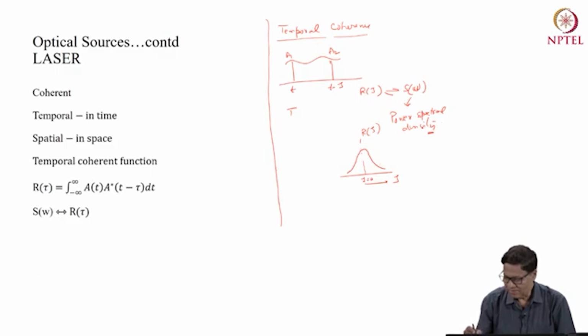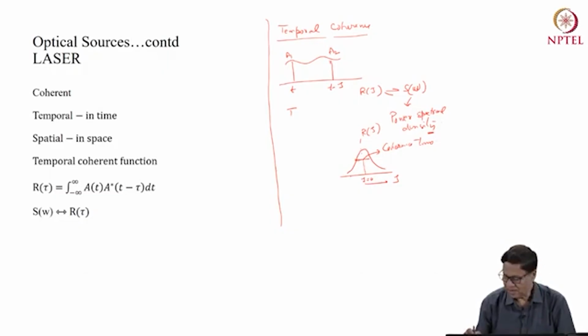If you get a curve like this, then this is called the coherence time, where the value of R(tau) has fallen by some factor that depends on the definition, whether it is 90% or 50%. So that tells you the coherence time.